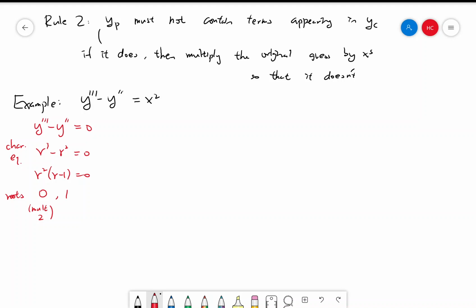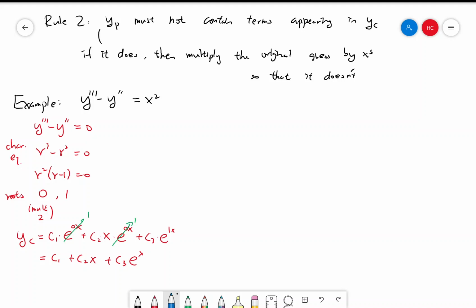So the complementary solution looks like c1 times e to the 0x plus c2 times x times e to the 0x because it has multiplicity 2, plus c3 times e to the 1 times x. E to the 0x is 1. So the complementary solution looks like c1 plus c2x plus c3 times e to the x.